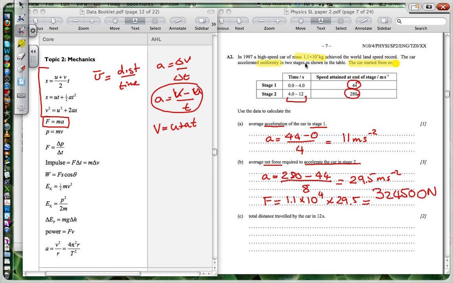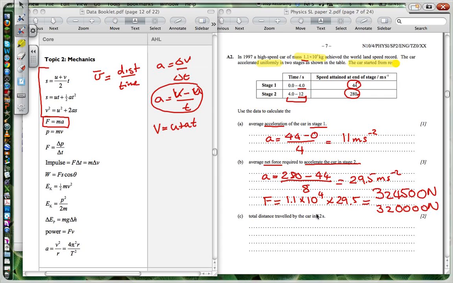Now, because all of these are given in 2 significant figures, I must put this to 2 significant figures, so it will be 32,000, or no, it will be more than that. It will be 320,000 newtons, or 3.2 times 10 to the 5.